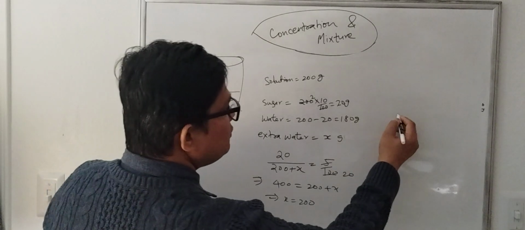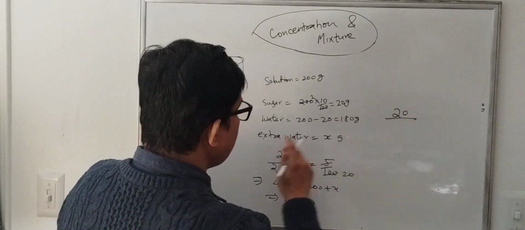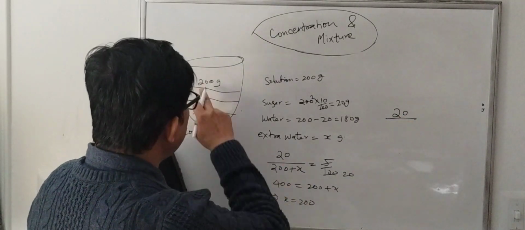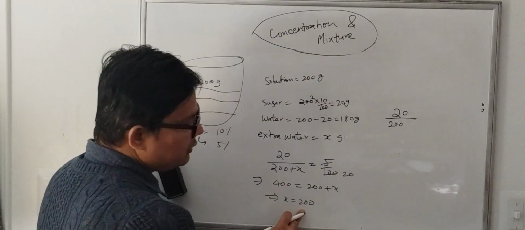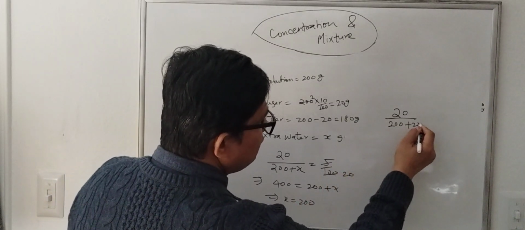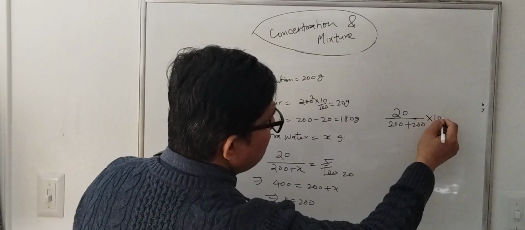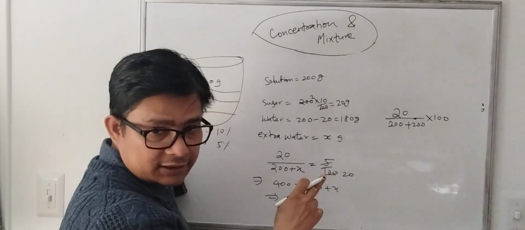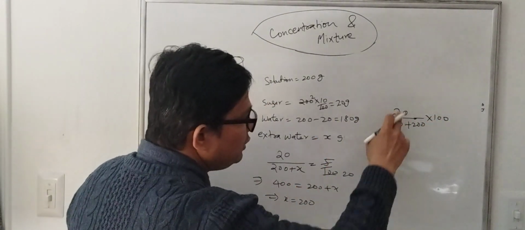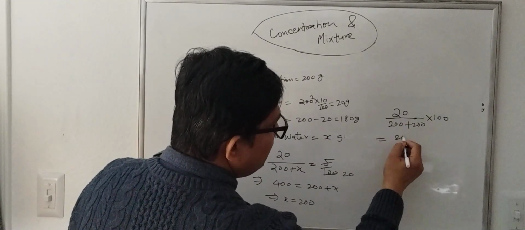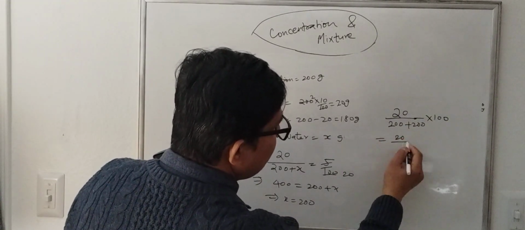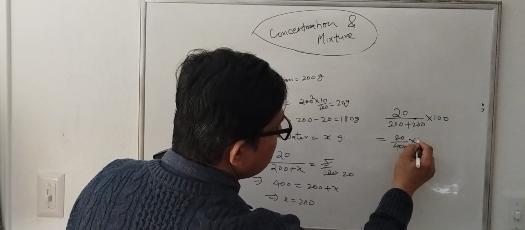So my sugar amount is 20 gram and my solution will be 200, the old amount, plus the extra I added, 200. So 20 divided by 200 plus 200, times 100. This is the formula of the concentration: amount of solute divided by amount of solution times 100, which is 20 divided by 400 times 100.